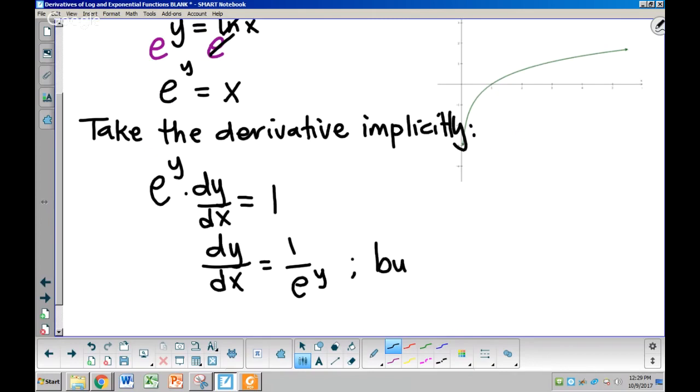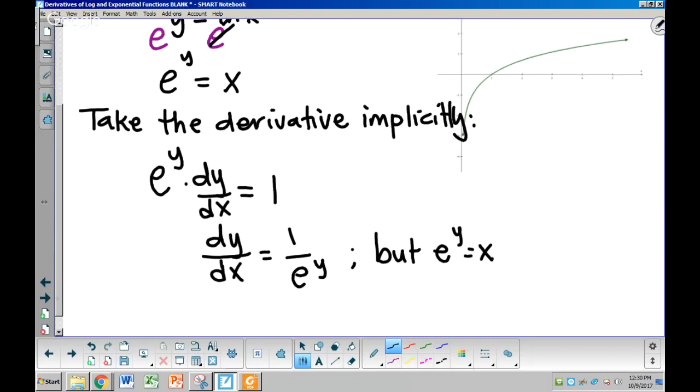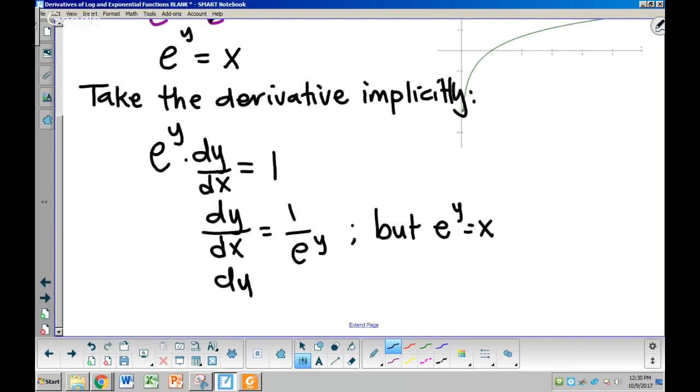But what do we know? e to the y is equal to x. So this is the same thing as saying dy/dx is equal to 1 over x. So the derivative of the natural log of x is equal to 1 over x.